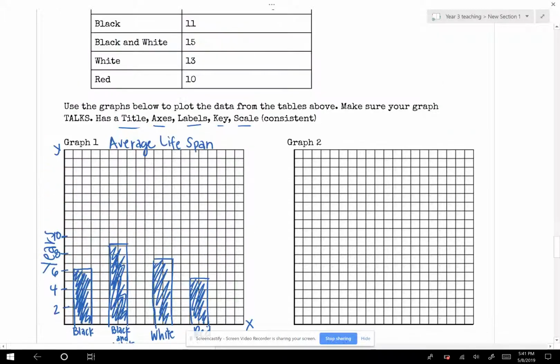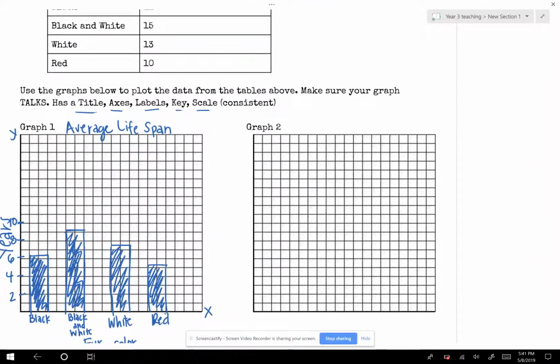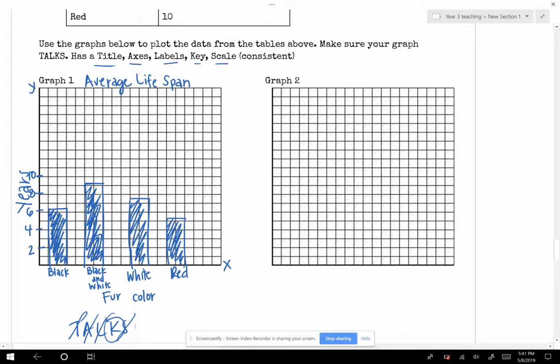So I have pretty much the same deal going on, except I'm going to have pups on this side. So this is going to be number of pups. And on this side, it's going to be fur color.